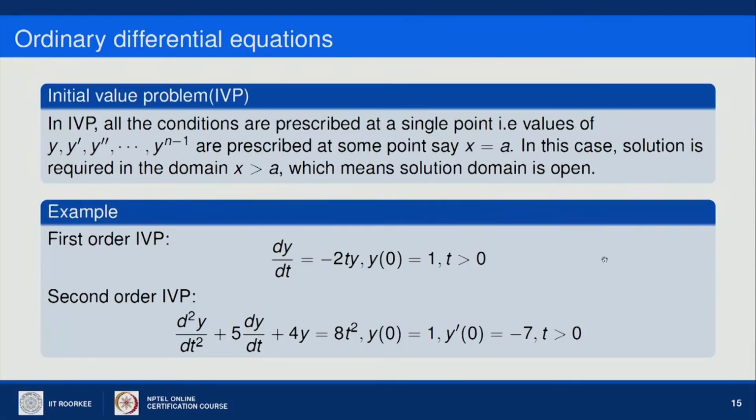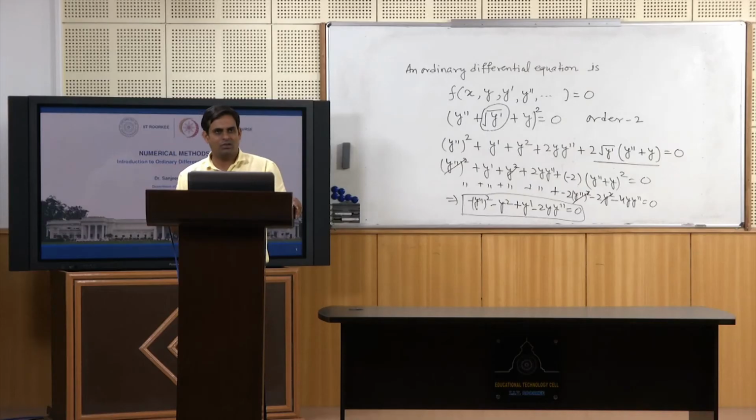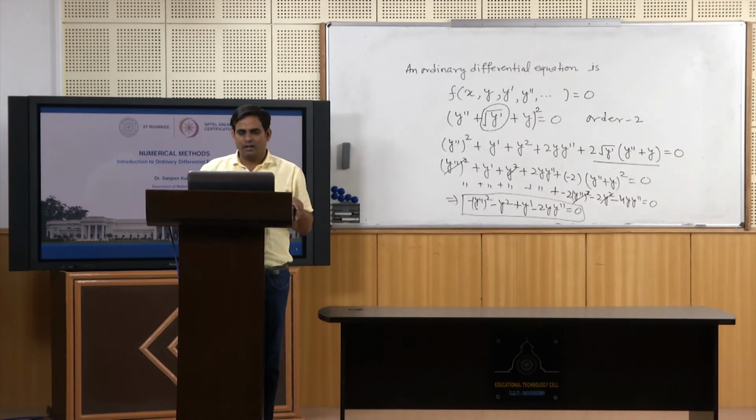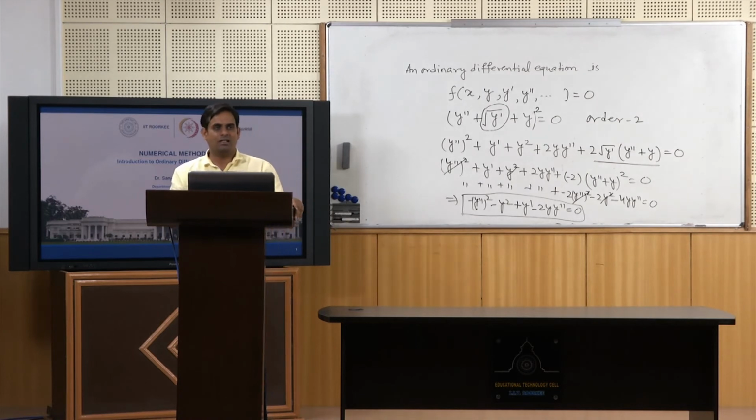In this case we require the solution in the domain x greater than a, because x equals a is the initial point. So, we have to move to the right side of that particular point, and it means the solution domain is open after a, it may be any point.